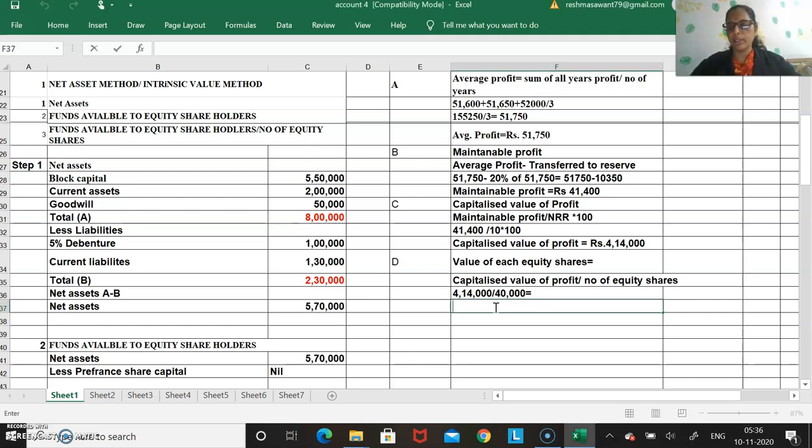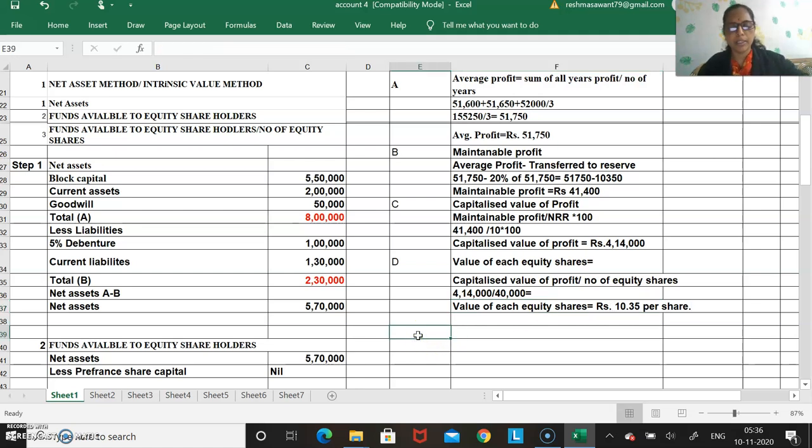So the value of each share is equal to rupees 10.35 per share. So this is the answer for method number 2, yield basis.